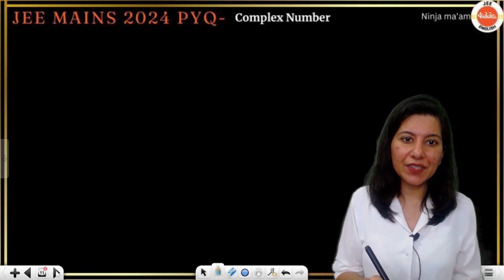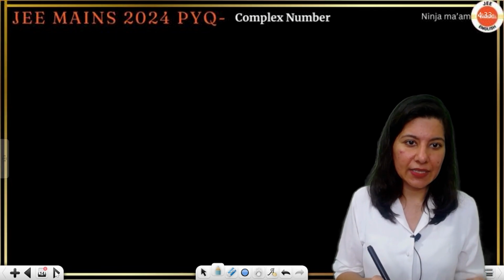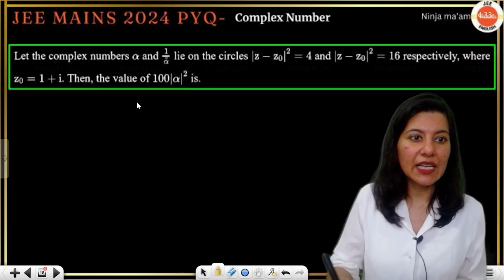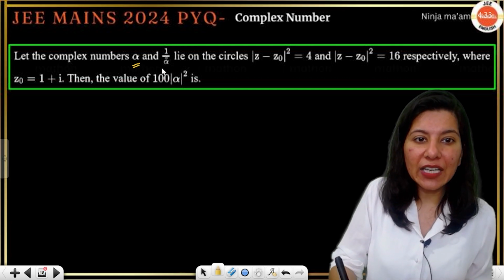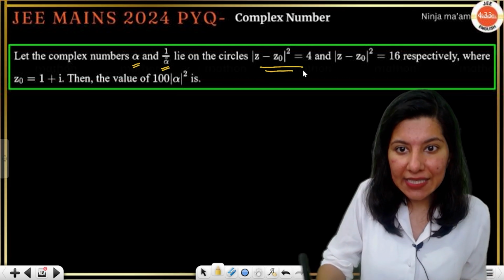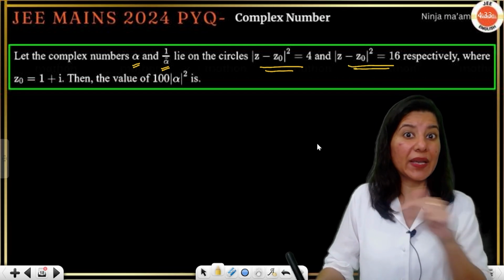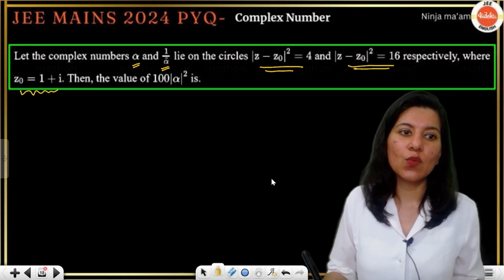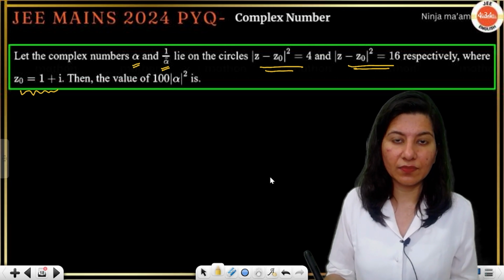Okay, clear? All right, let us talk about this question. Let the complex numbers alpha and 1 by alpha bar lie on these two circles respectively, where z0 is given as 1 plus iota.